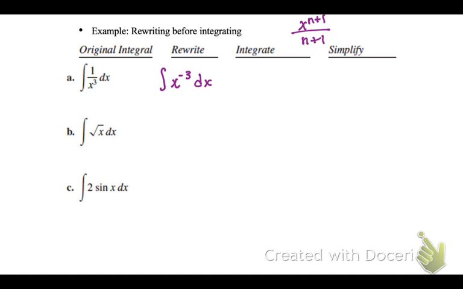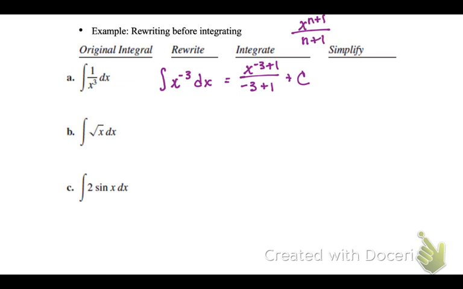Okay, so then when I integrate it, well, you have x to the negative 3 plus 1 over negative 3 plus 1 plus c. That's the integration rule that we're using.